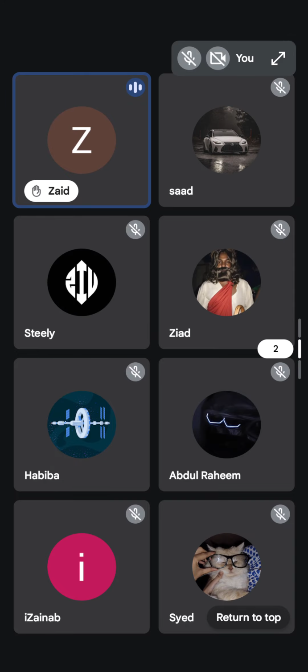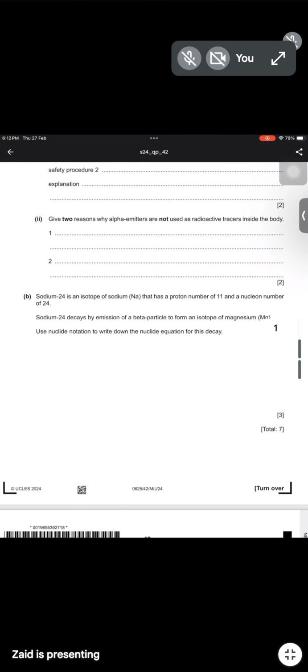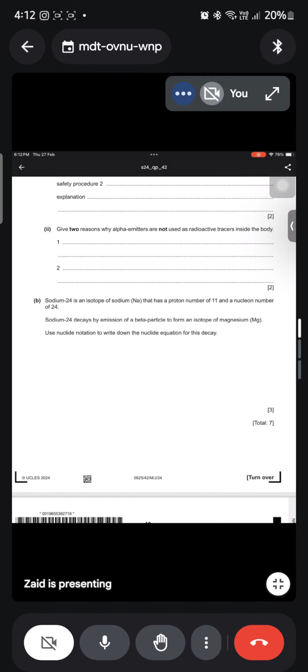So, sodium is converting into magnesium. You guys give it a try. It's a beta decay and sodium is converted into magnesium. Give it a try, then we'll discuss.